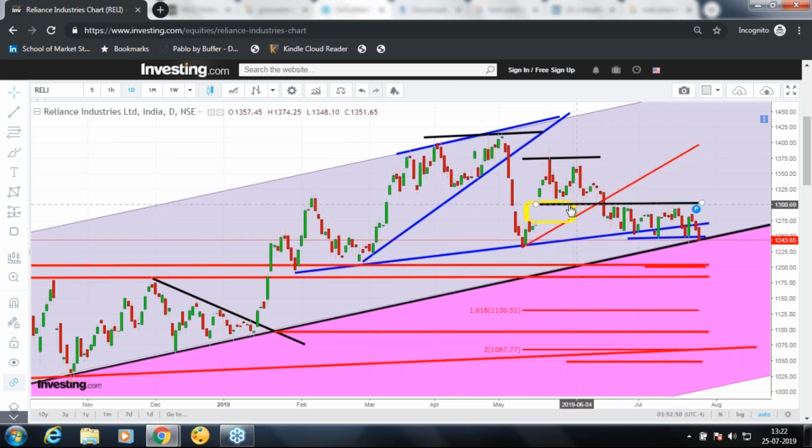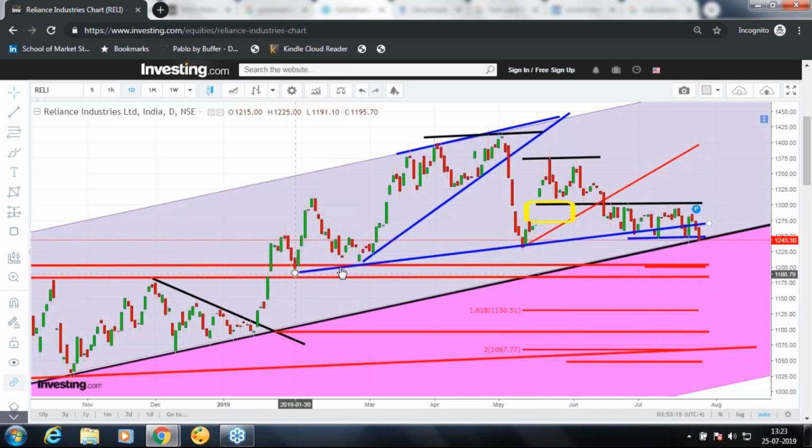So what was serving as a support turned out to be a resistance line. And now here you have 1, 2, 3, and 4 tops with 1, 2, 3, and a breakdown of the 4th top. So you had 3 significant levels being broken down, right?